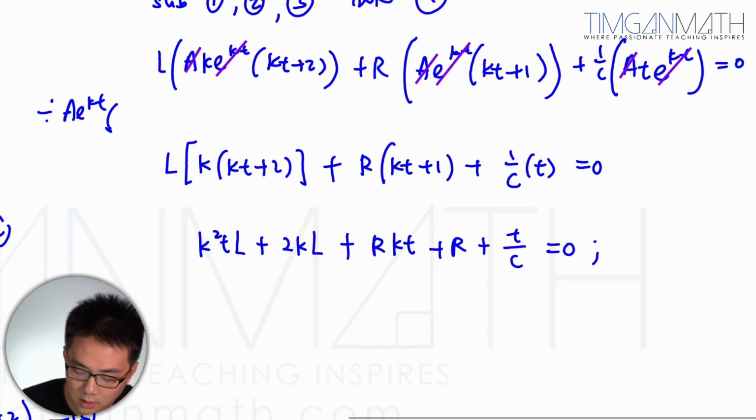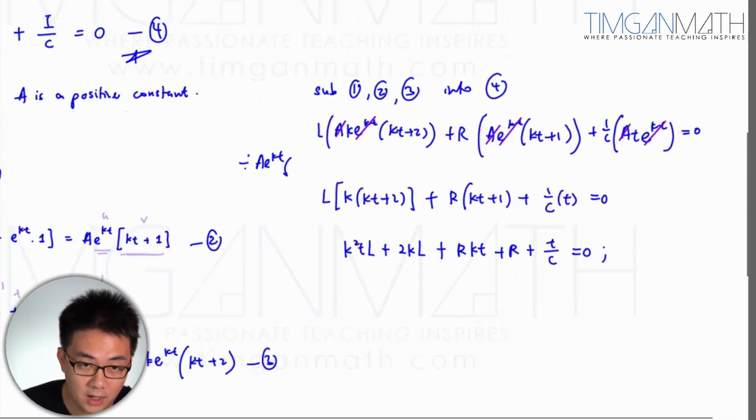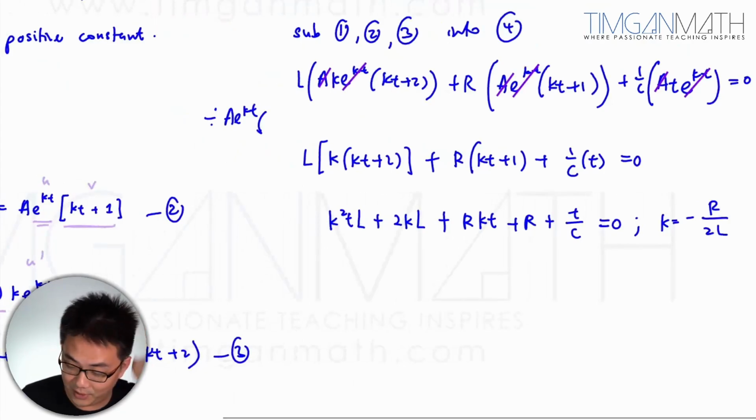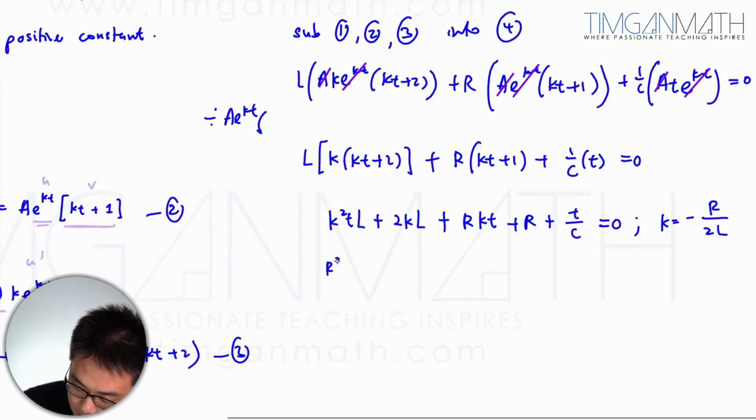equals 0. So now is a good time to sub back your k in, which is negative r over 2L. So k equals negative r over 2L. We just hope and see that it could be simplified. So this will be r² over 4L, cancel away. I just do some mental calculation, not very difficult. So let me check first. k² is r² over 4L², cancel off 2k, negative r, right?